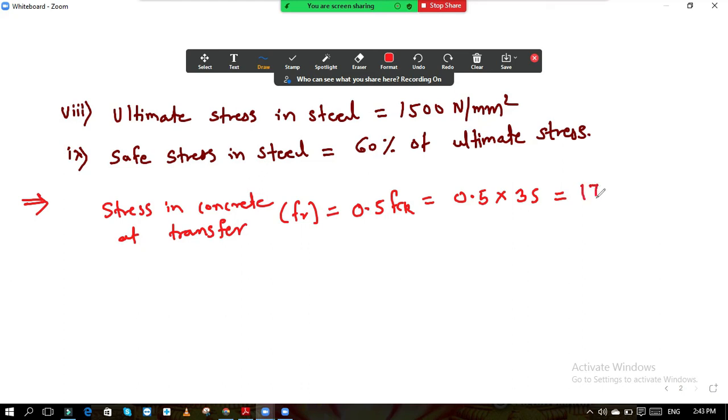So this value is 17.5 Newton per mm square.